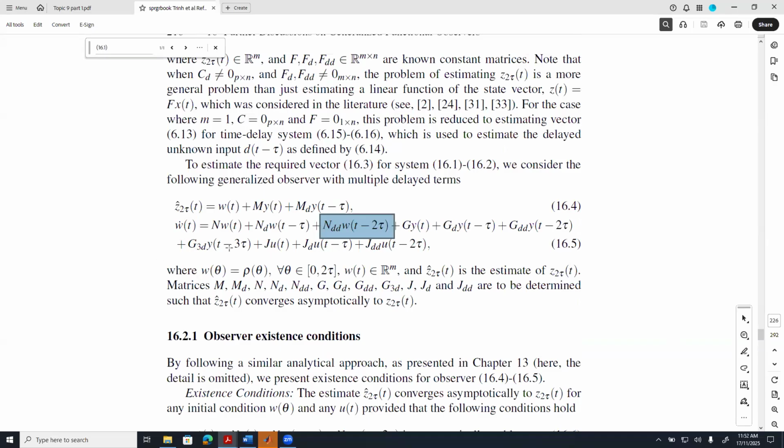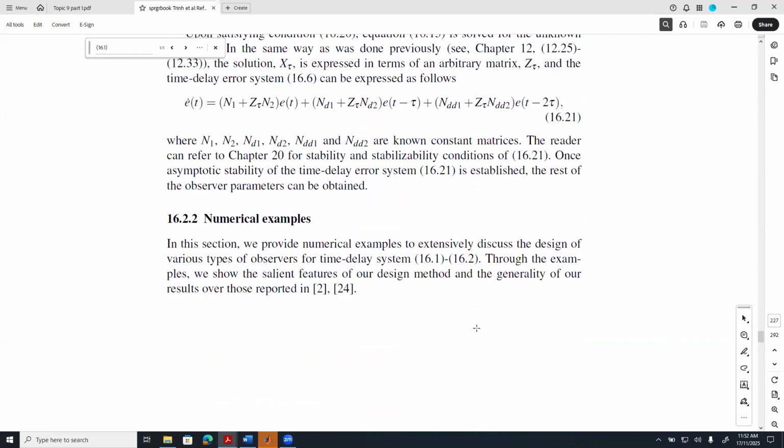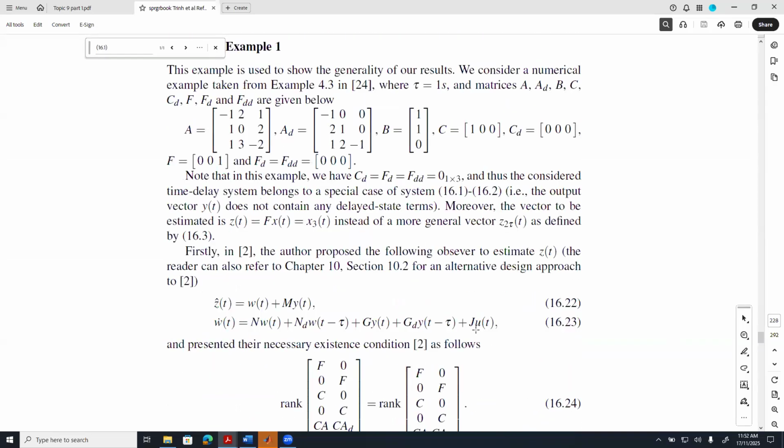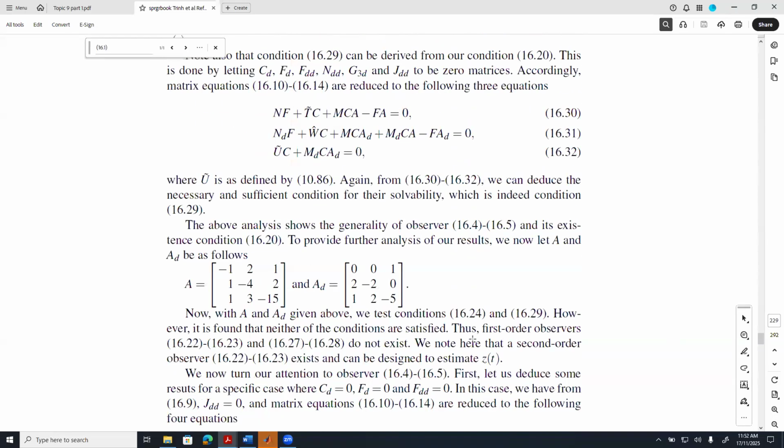We also have that extra term and so on. What we are going to show is, how about we consider another numerical example? And in this numerical example, we're going to select different matrices I and ID.